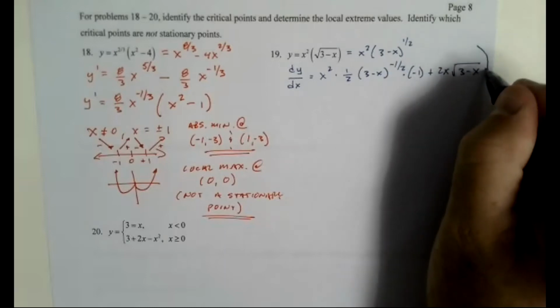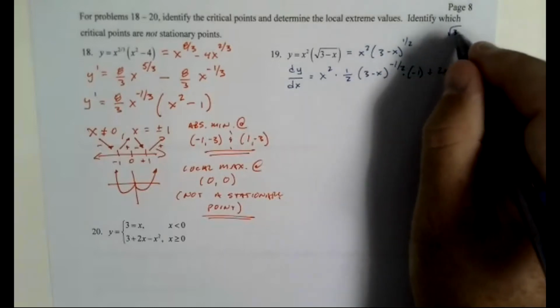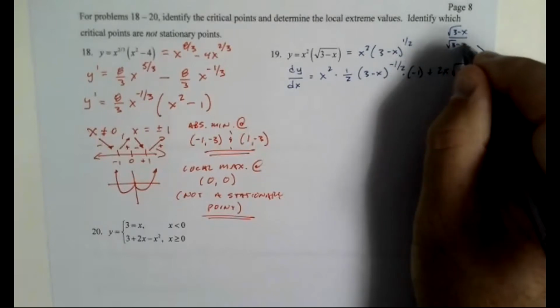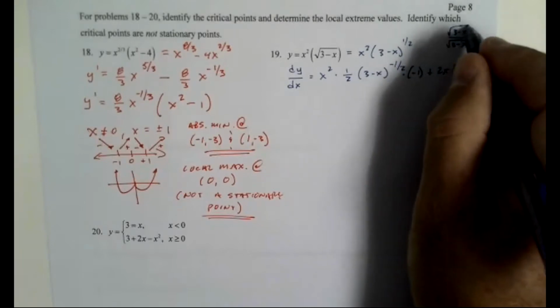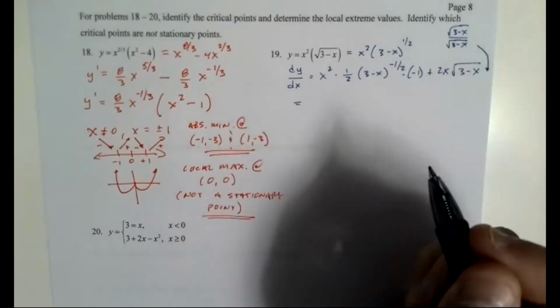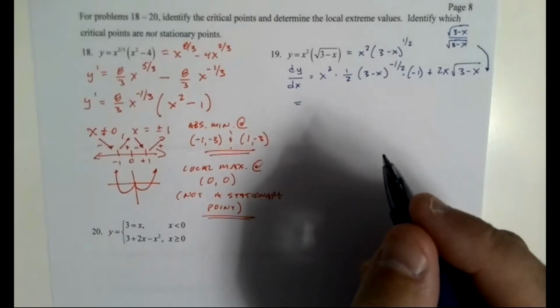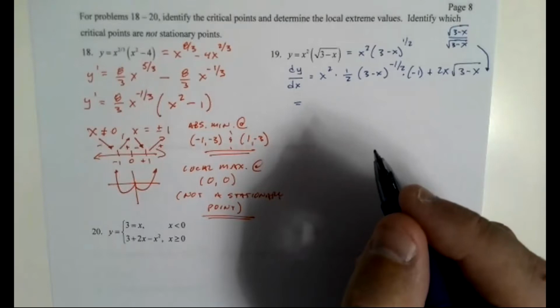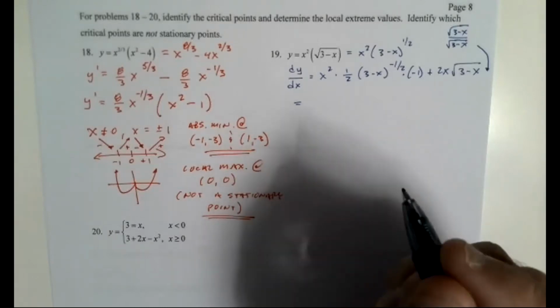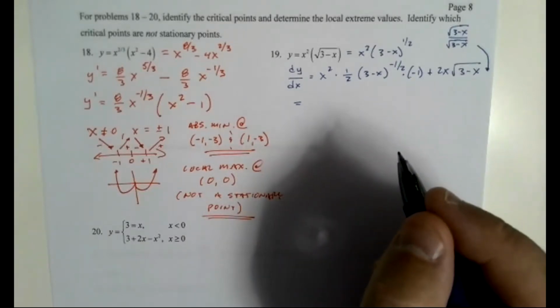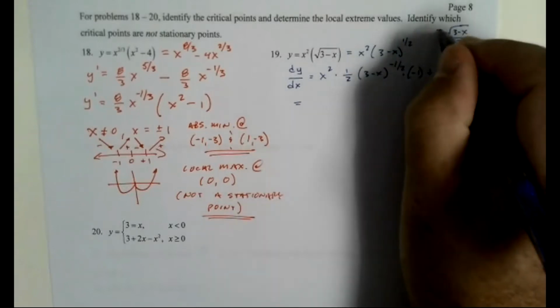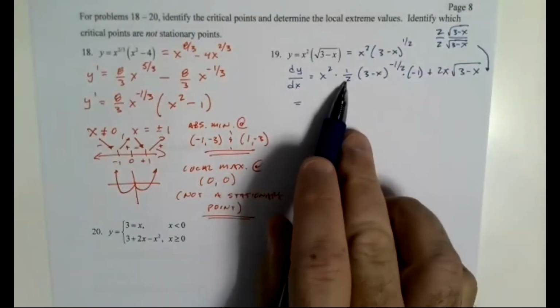Gonna squeeze this in here to save space. Square root of 3 minus x over square root of 3 minus x equals, and I think I have to go with a 2 over 2 also. Yeah, 2 and a 2, common denominator.